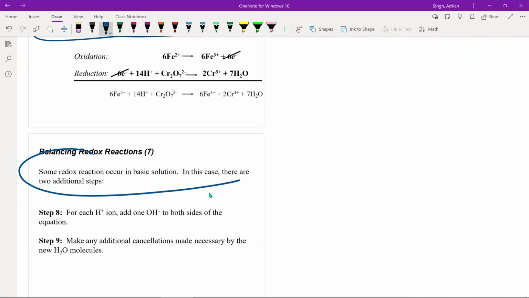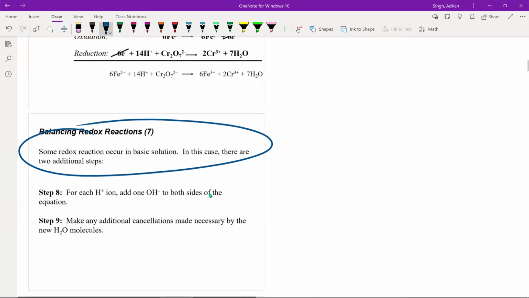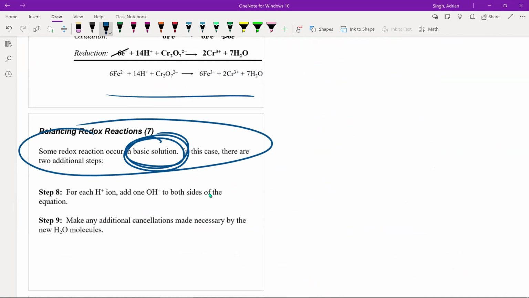If that's the case, then we have an additional step, which is that for every H+ that you see, we add an OH- to both sides of the equation. If it's occurring in basic solution, then we cancel out or make any additional cancellations by forming new water molecules. We'll take a look at an example in a second.